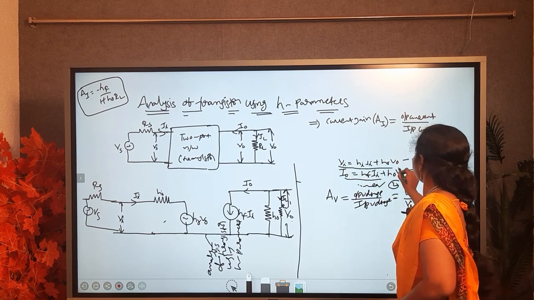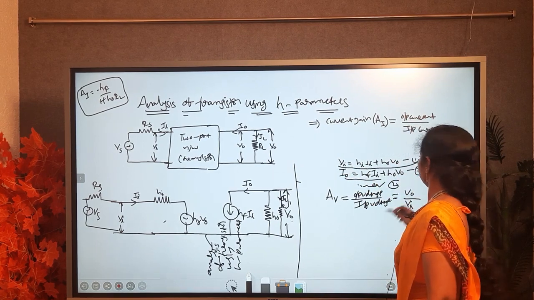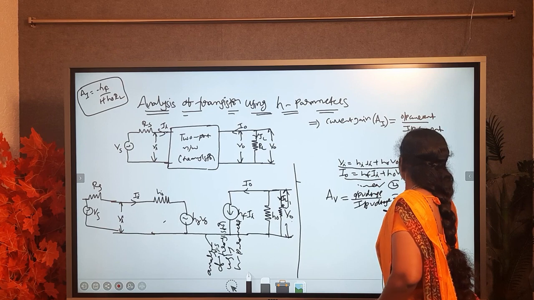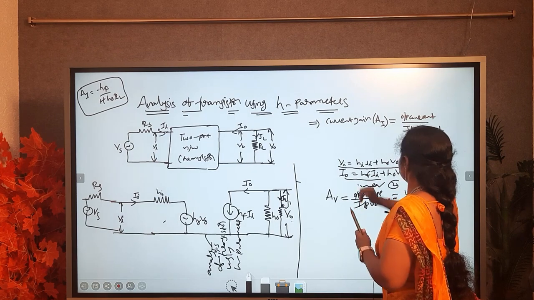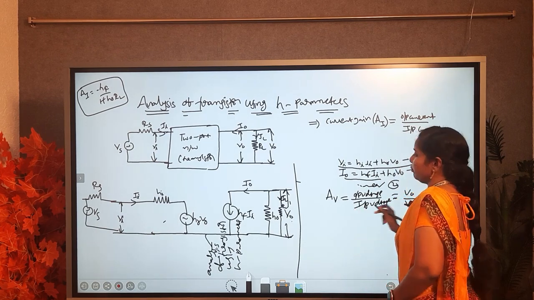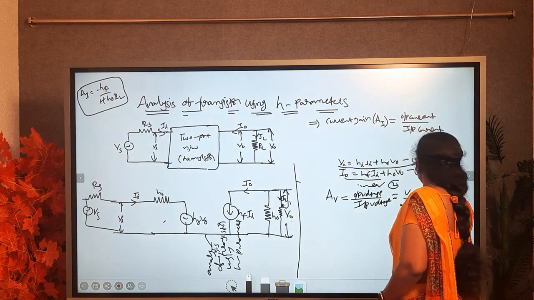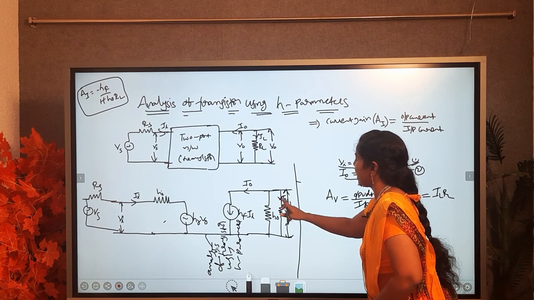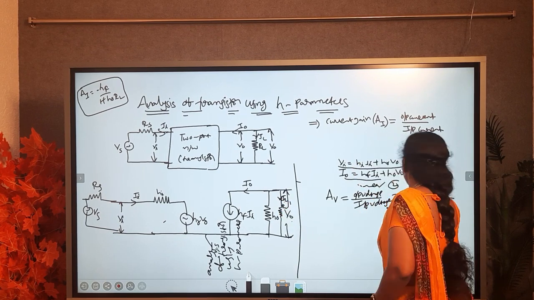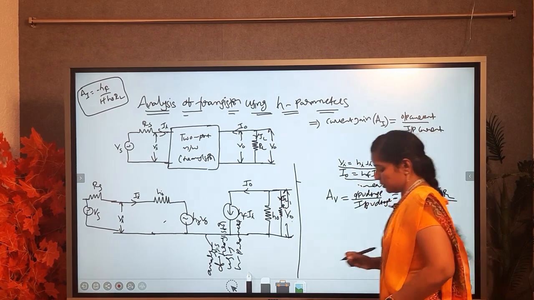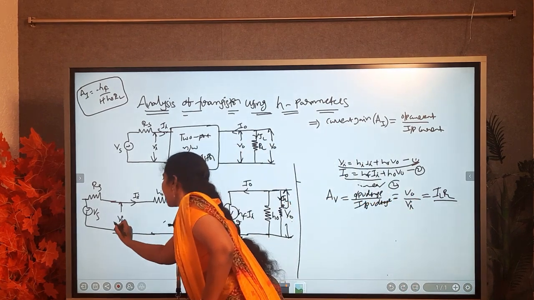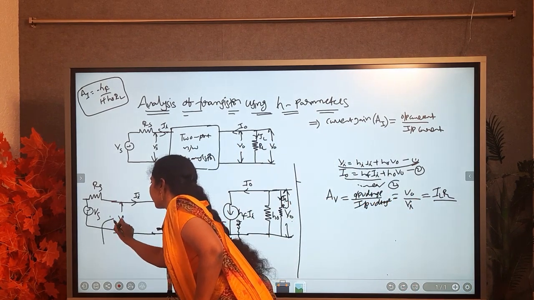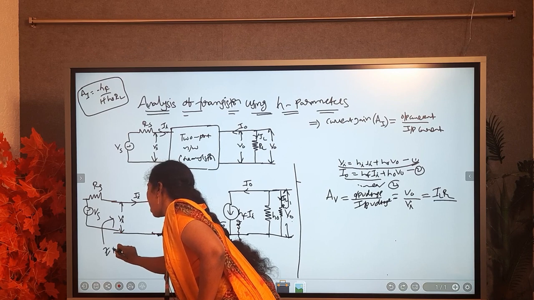Consider from equation number 1. V naught means IL into RL, the voltage. V equal to IR, that is IL into RL. Like that, this is the VI. So, it will be taken as the input impedance ZI or RI.